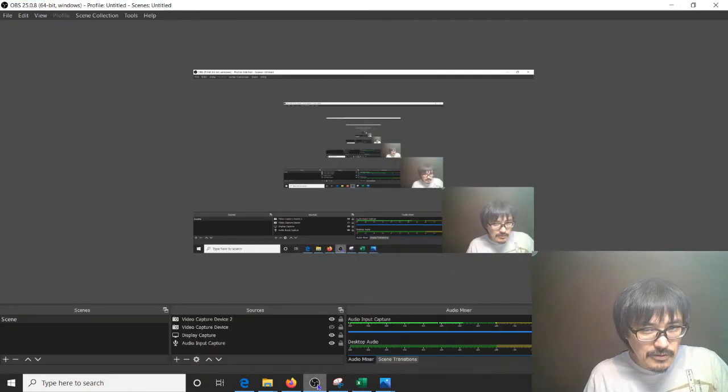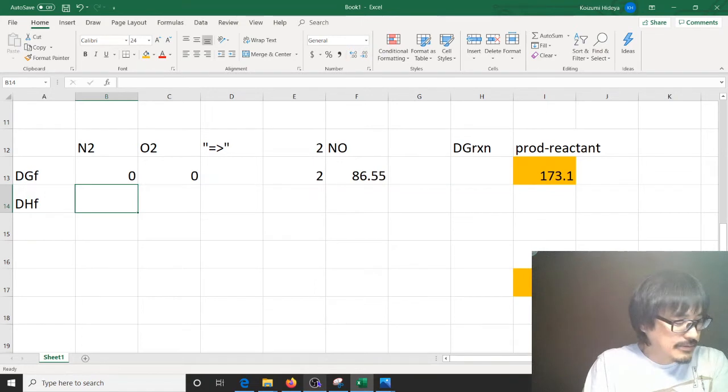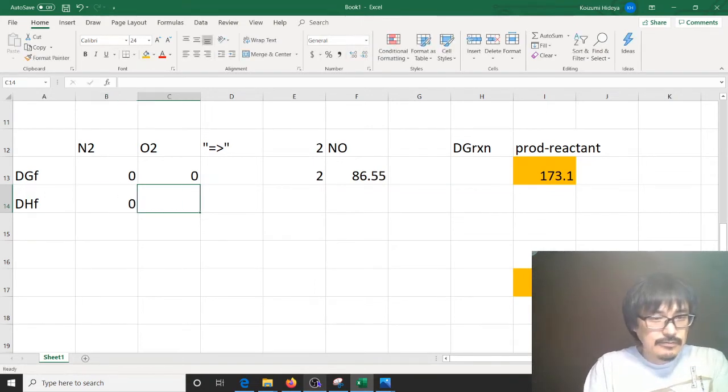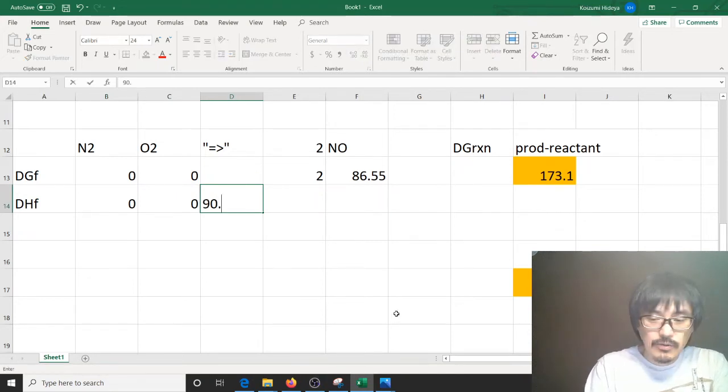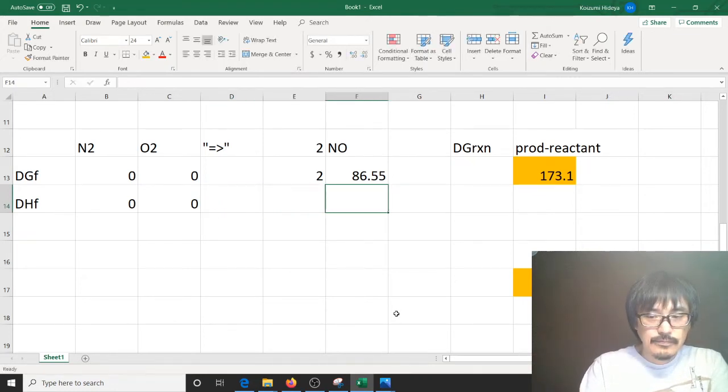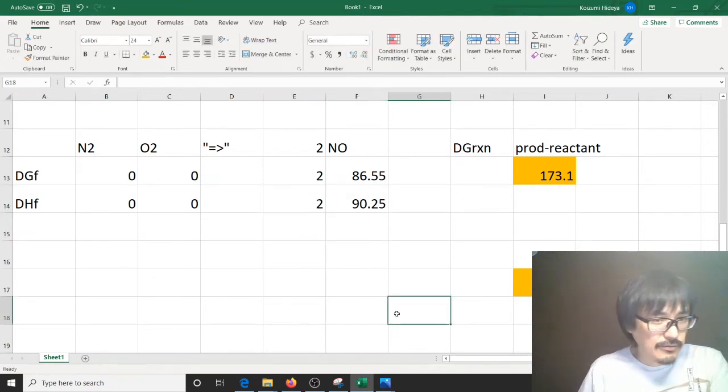Just making sure, yep, it's on. So this is 0, and that's 0, and then that one right there is 90.25. And the 2 is the same, just because it's 2NO, right?